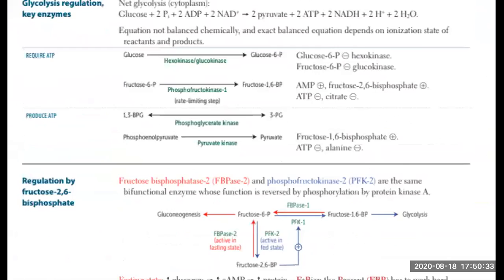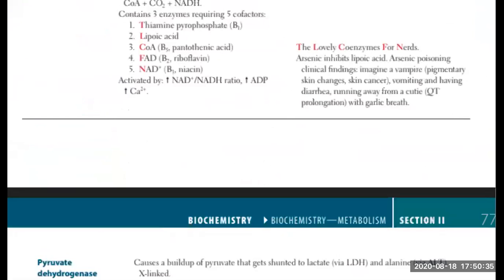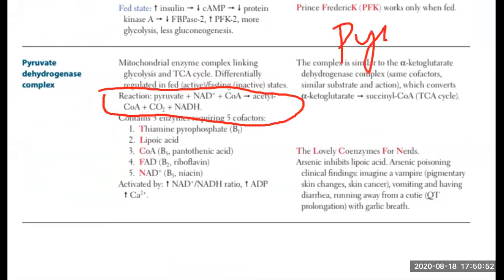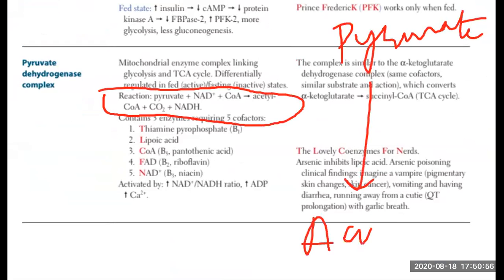Now I just want to show you what is going on in a redox reaction. See this pyruvate dehydrogenase complex. We will be studying it in detail, but you only see this reaction right now. See this reaction, so it will help you understand. Let me make it over here for you. This is pyruvate and this is acetyl-CoA.